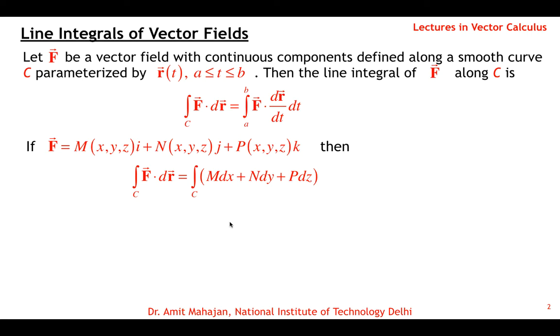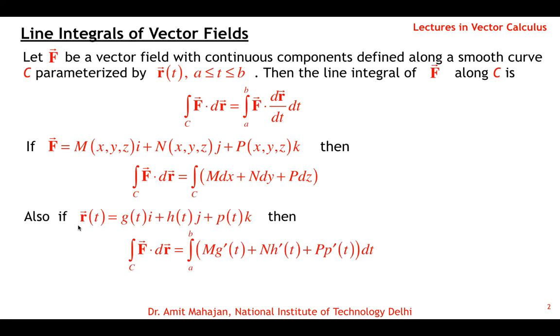And if you want to solve it in the parameterized form, then since M, N and P are functions of x, y, z, and x, y, z are further functions of t, we can just rewrite this.